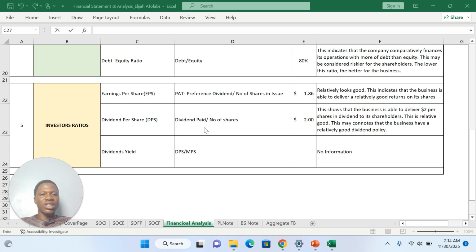And what does that mean? It shows that the business is able to deliver $2 per share in dividend to its shareholders. That's just what it speaks to, right? And you may say this is relatively good. Mind you, we are saying this is relatively good. We are not comparing it with any industry average, right? And it may connote that the business has a good dividend policy, right?